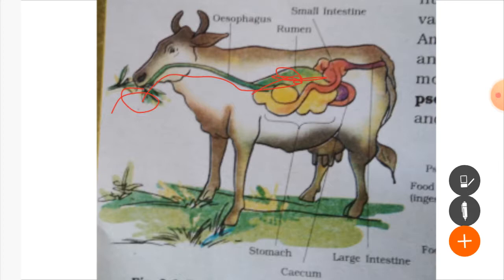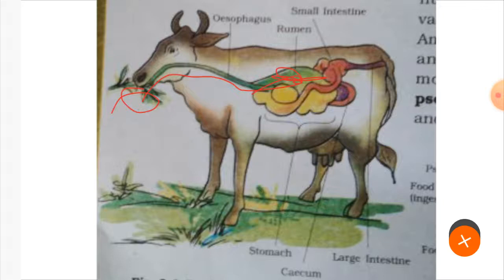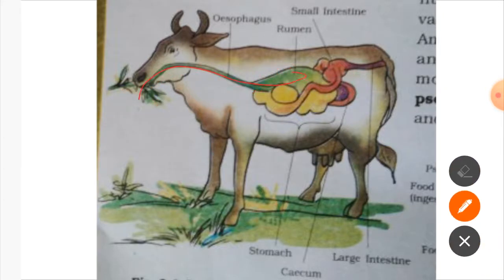So here, the food went to the rumen. Here the food is getting partially digested. The whole digestion doesn't take place, but partial digestion takes place here.